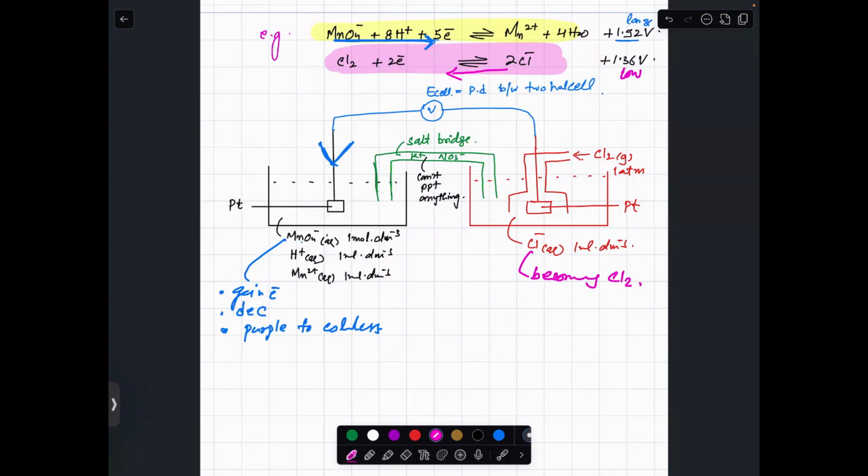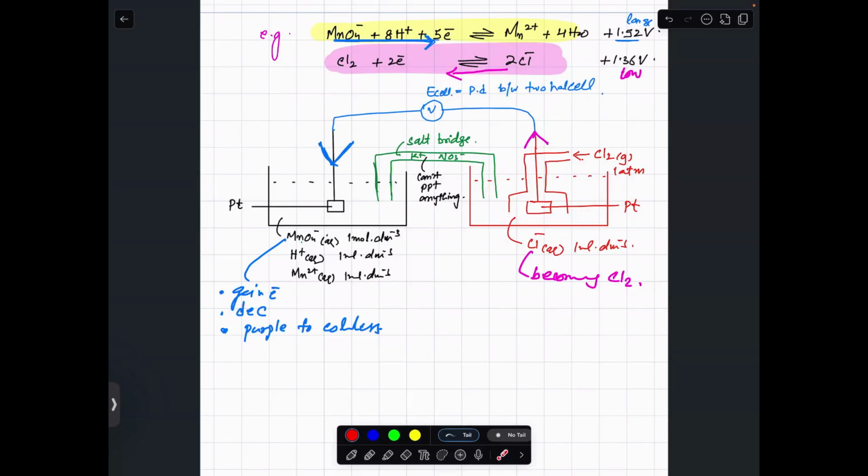The chloride is losing electron and they become chlorine. So what you will see, when the chloride is becoming chlorine, you will see green-yellow bubbles coming out. You will see effervescence. You will see green-yellow gas coming out. Perfect.